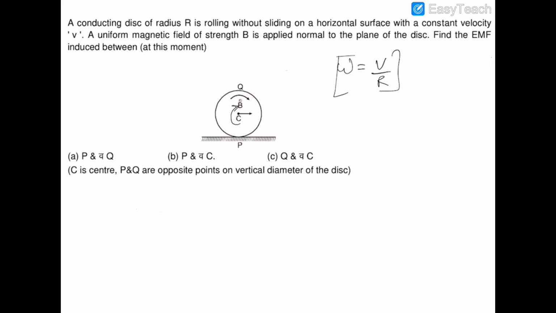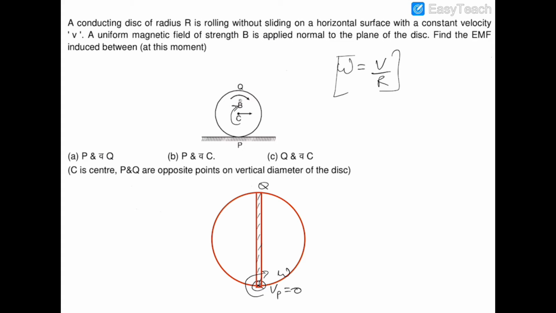Now we all know that in pure rolling motion, the point which is touching the ground is at permanent rest, so the velocity of point P will be 0. So we can assume that this disk is in a state of pure rotation about this point, and therefore we can assume a rod which is rotating about this point with the same angular velocity omega.